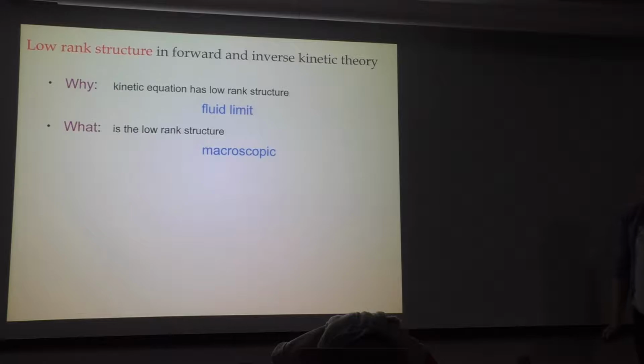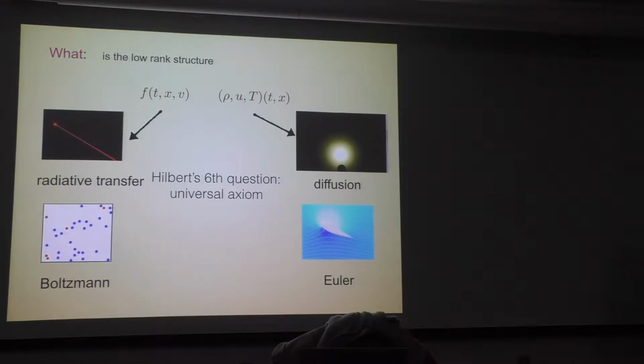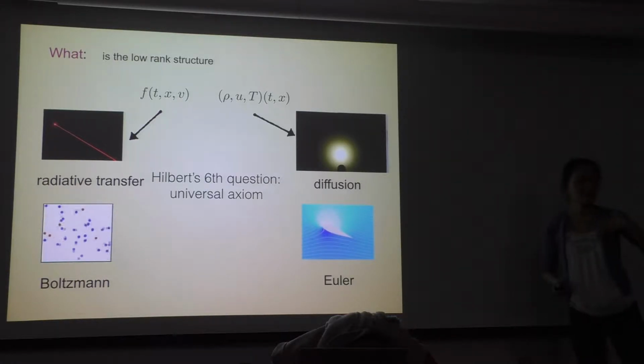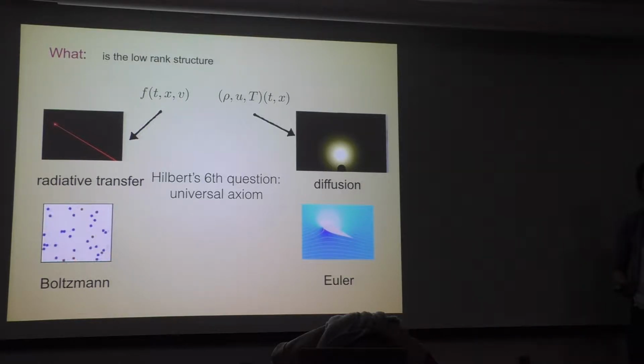So that's what I mean by the kinetic equation having low-rank structure, and the low-rank structure is encoded in the fluid limit. I should mention that the connection between the radiative transfer equation and the heat equation is seen in many other systems as well. The problem that I mentioned that got a Fields award is the Boltzmann equation.